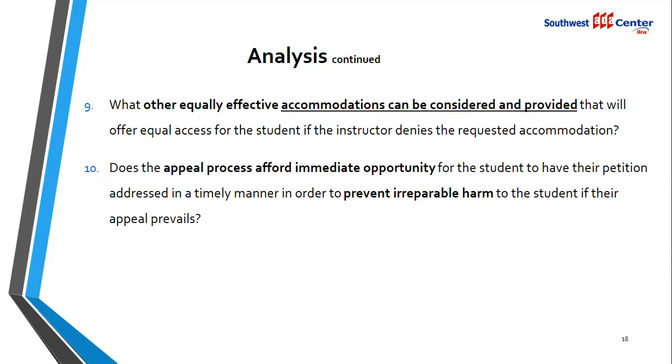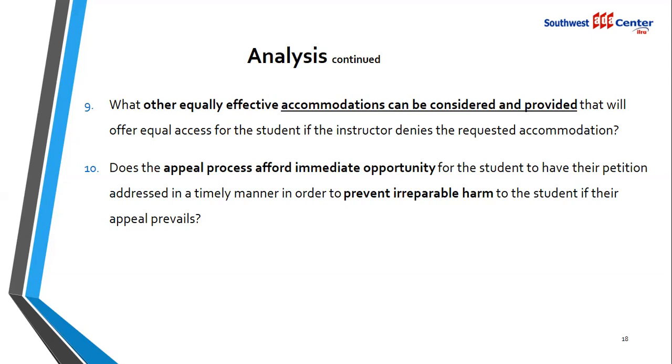And it turns out, yes, the accommodation is going to fundamentally alter, it's going to give an unfair edge, it's going to be an undue burden. Okay, then what else? What else can be done to remove the disability-related barrier?